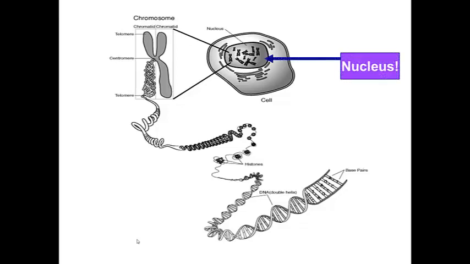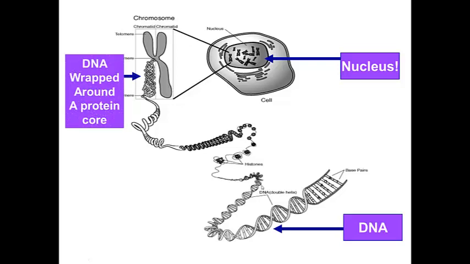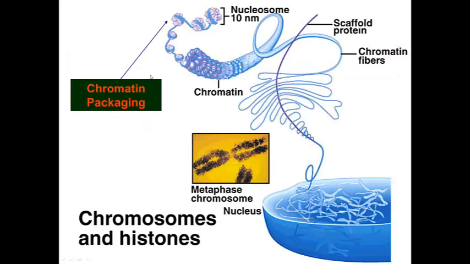So DNA is found in the nucleus. Here's a DNA molecule. You'll see that it's a double helix, so it's a twisted ladder formation. DNA wrapped around a protein core forms a chromosome. Histones package the chromatin.